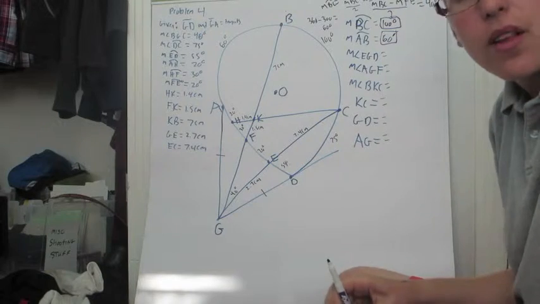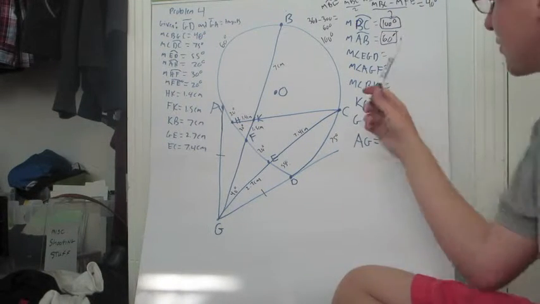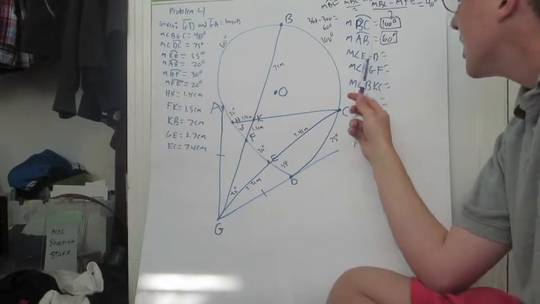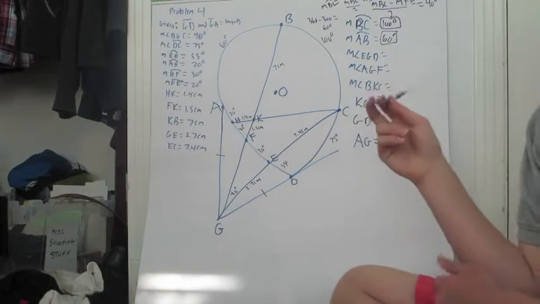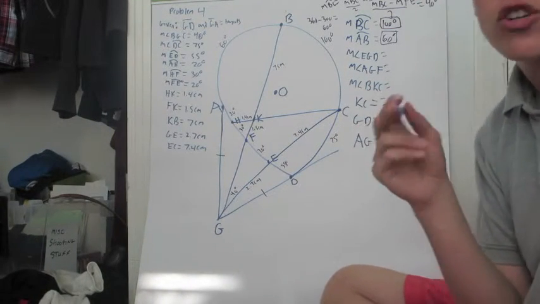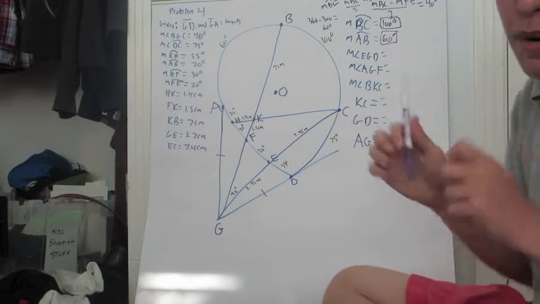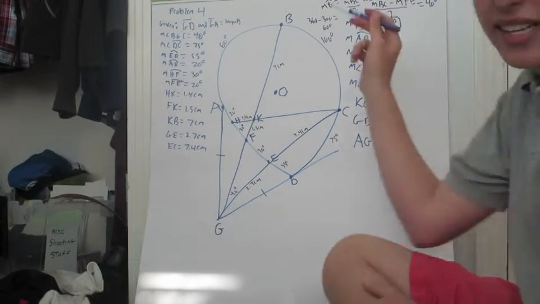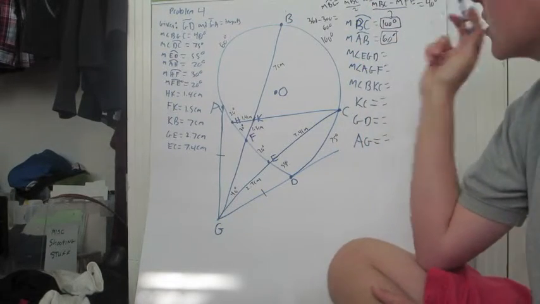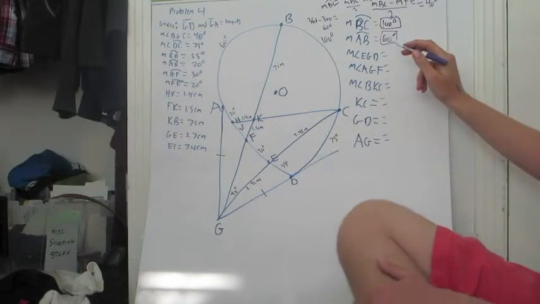The next measure that we can figure out is the measure of angle EGD. We can figure out the measure of angle EGD by seeing two secants intersecting on the outside of the circle, similar to how we did this one.